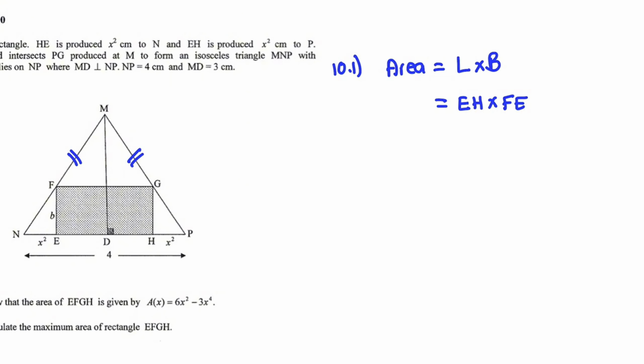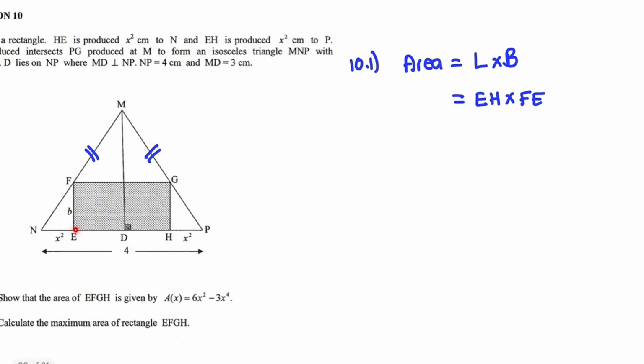So let's see if we have enough information to find EH. EH is part of this line NP. So I can see that the length of EH is equal to 4, which is the full length of NP, minus x squared minus x squared. And that simplifies to 4 minus 2x squared. So we have the length of EH.